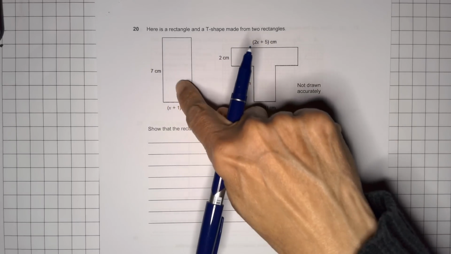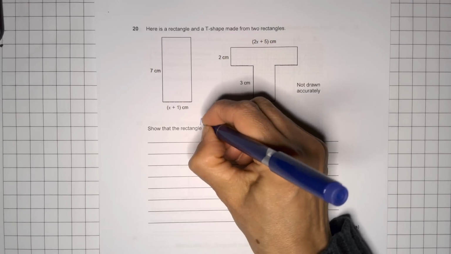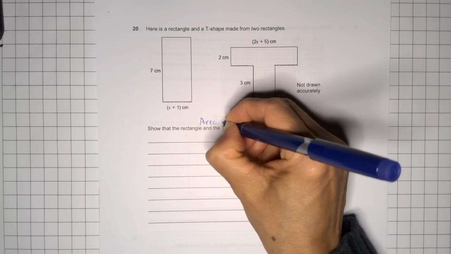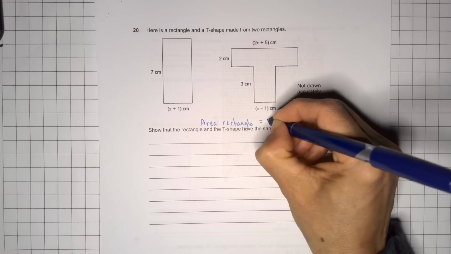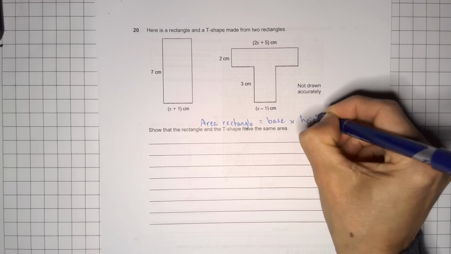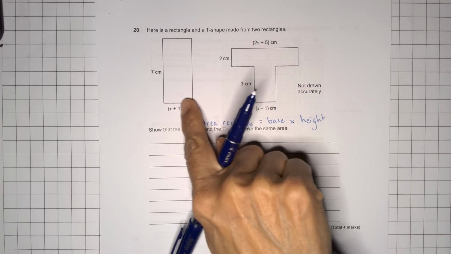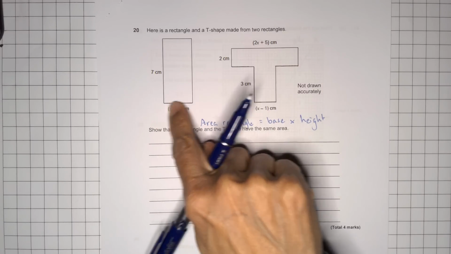Well, the area of a rectangle is the base multiplied by the height, or the width by the length, but anyway, basically we're going to multiply the long side by the short side.